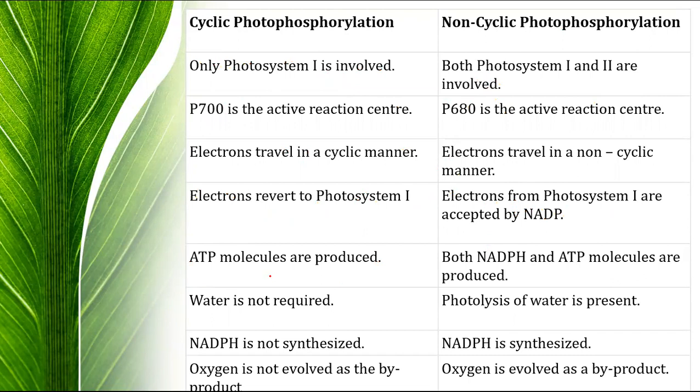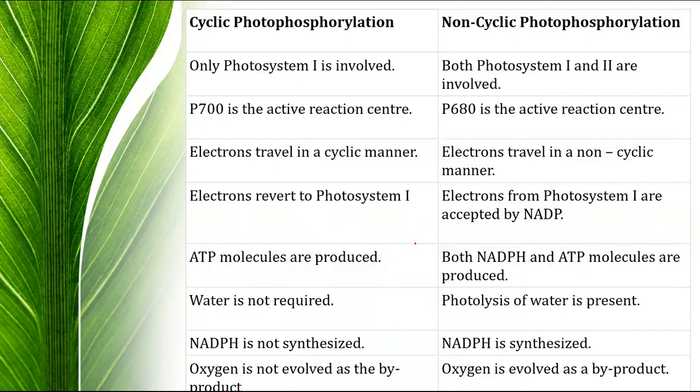In cyclic photophosphorylation, the product formed is the ATP molecule only, while in non-cyclic photophosphorylation, NADPH and ATP molecules are both produced. In cyclic, water is not required, while in non-cyclic water is required and photolysis of water occurs.